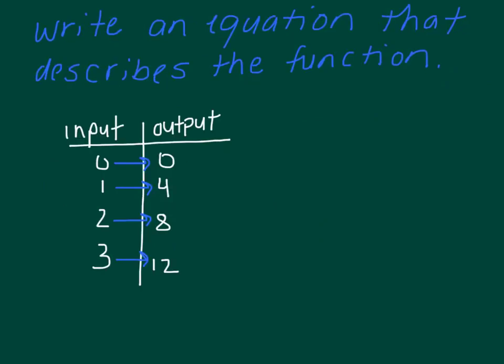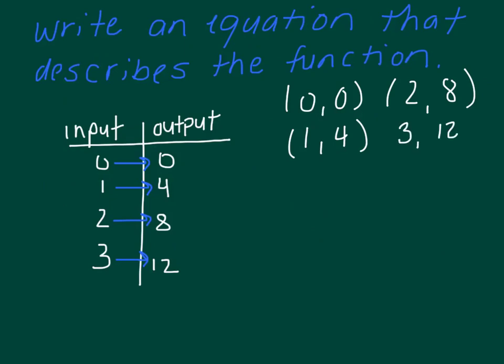Okay, for this example, you're given an input-output table or a mapping diagram, and you need to write an equation that describes the function. So you want to look at your ordered pairs here that go across. Remember, the arrows tell you which output goes with the input. So we have 0, 0; 1, 4; 2, 8; and 3, 12.